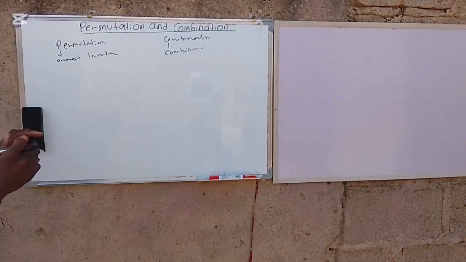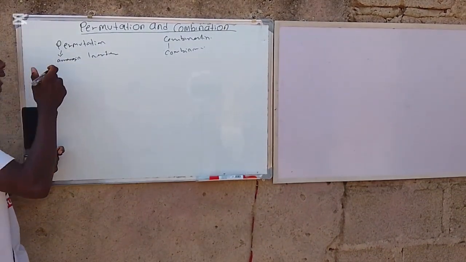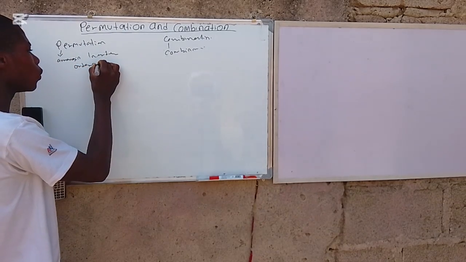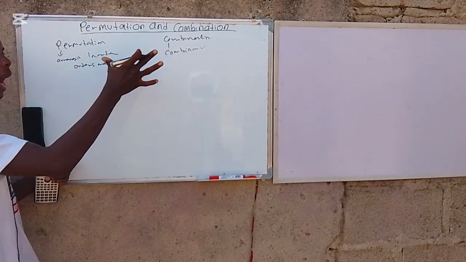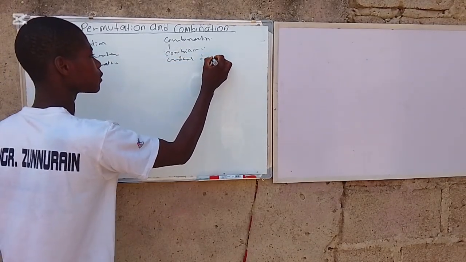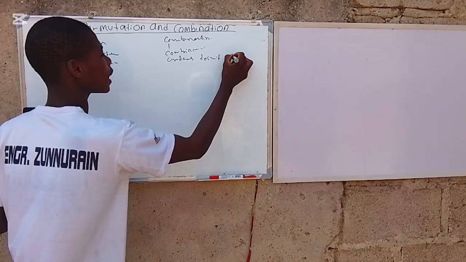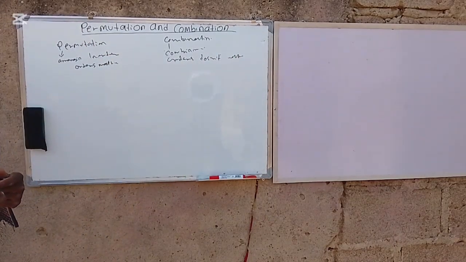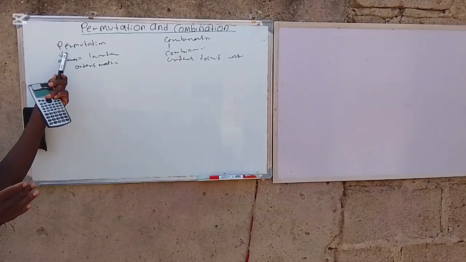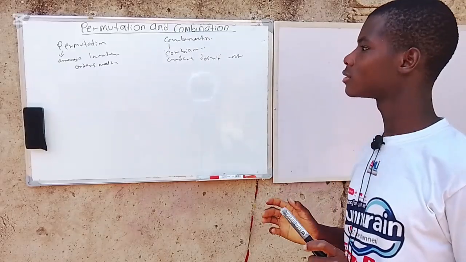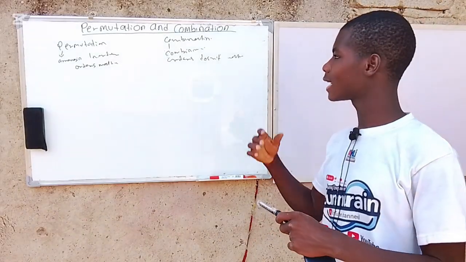The main basic idea, to know the difference between the two, is that in permutation, order matters, but in combination, order doesn't matter. In permutation you have to keep them arranged in order, but in combination it doesn't matter whether they are in order or not.